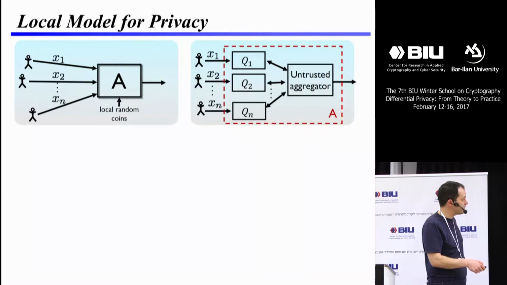But the key distinction is we don't trust the aggregator to handle sensitive data privately. And so all the randomization is happening at the level of these individual little boxes that we'll call the Qi's, or sometimes we'll use the letter R for them.